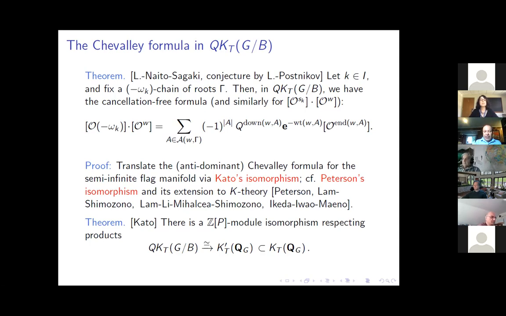And here we have the semi-infinite flag manifold. So using this relation, we can easily translate the previous Chevalley formula. And it's this breakthrough that finally made it possible to prove this Chevalley formula for quantum K-theory.